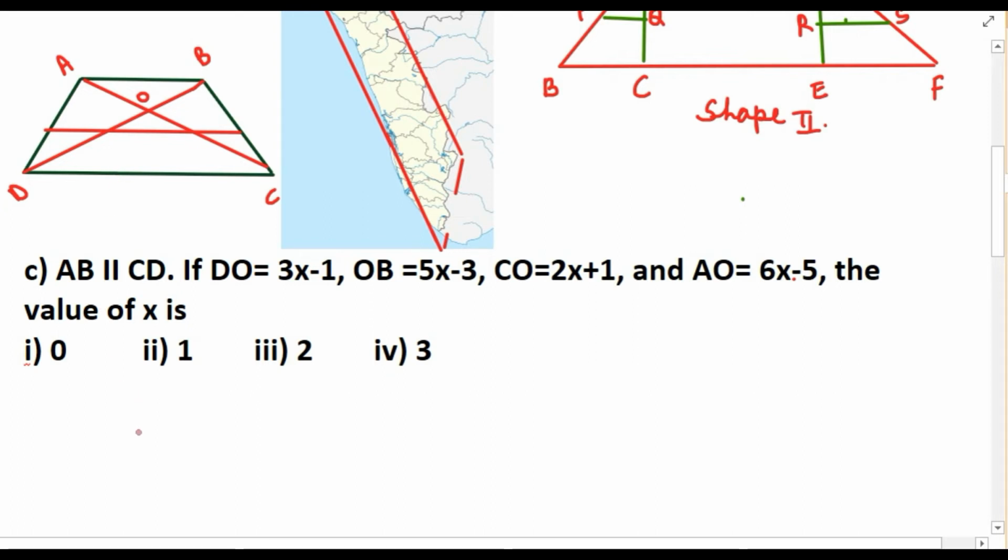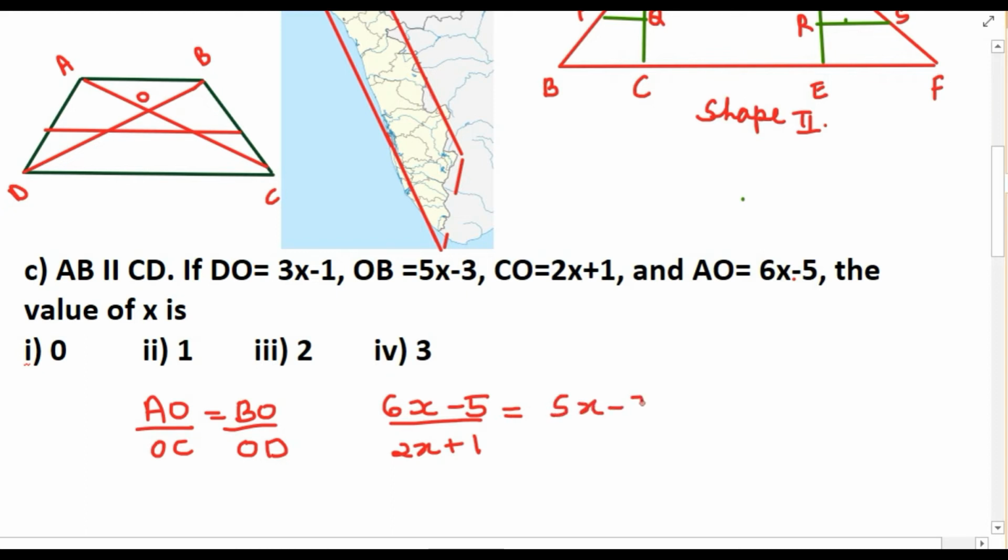Again the same result you can write, AO divided by OC equal to BO divided by OD. So AO is 6x minus 5, OC is 2x plus 1, BO is 5x minus 3, and OD is 3x minus 1.